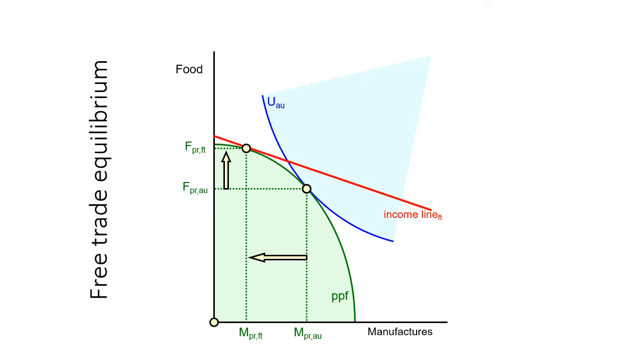Right? So that is now the dot on the green curve, but the one that's on the top left hand side. So that's represented by FPR FT and MPR FT, which is the food and the manufacturing production for free trade.